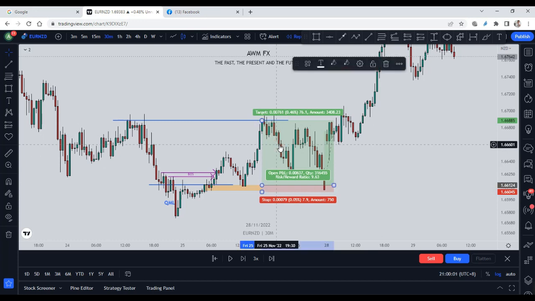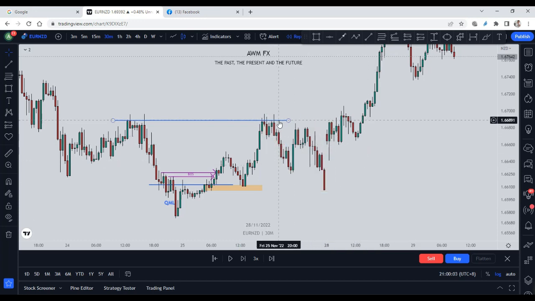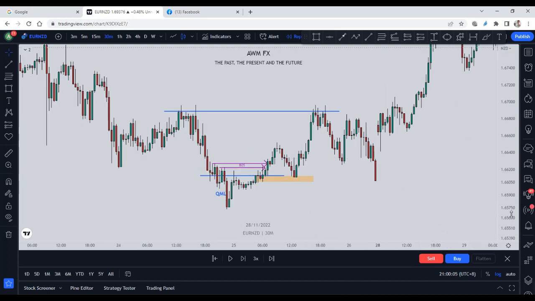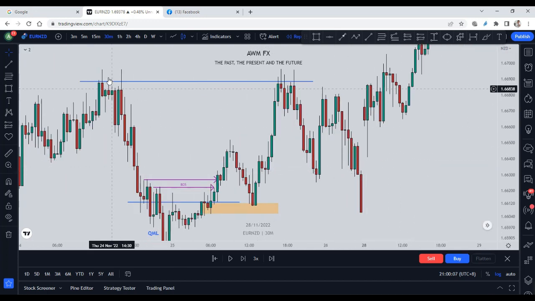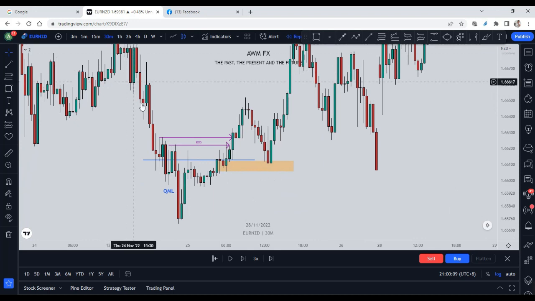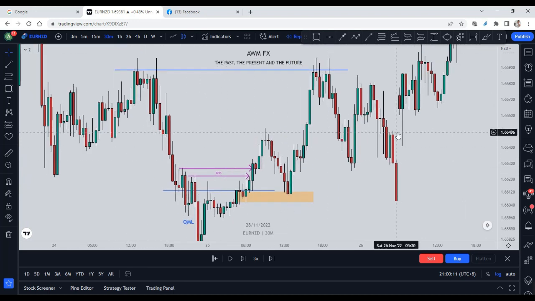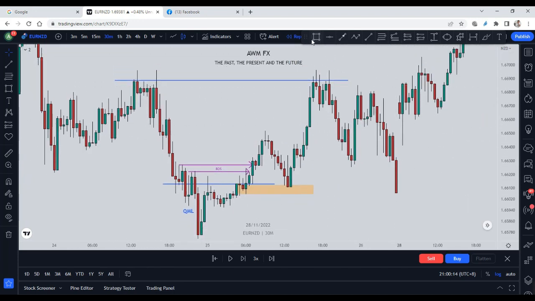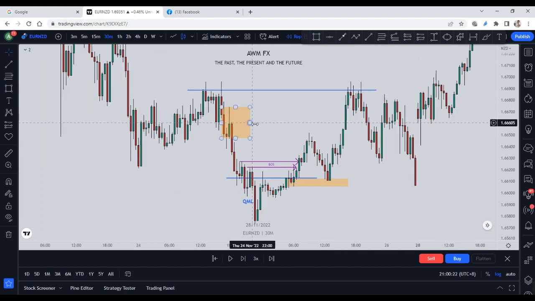Now, let me go through with you guys why this is a good take profit zone. Along the way, of course there is another zone that existed right here, a huge zone. What happened was that the price got consumed by this movement before it came back to retest.